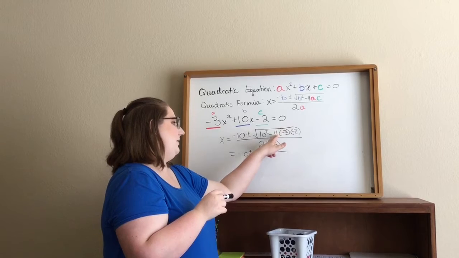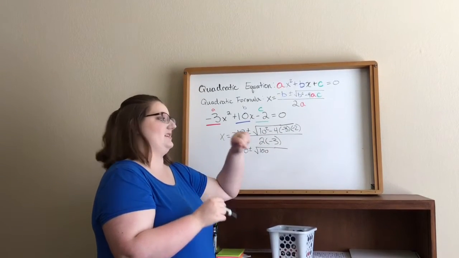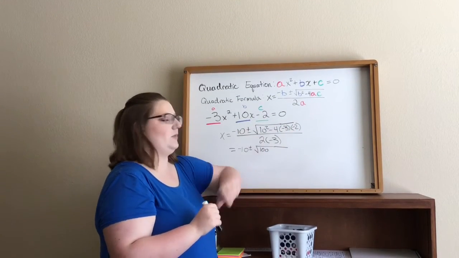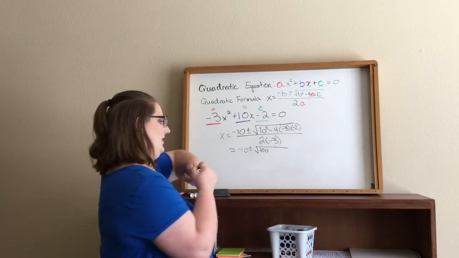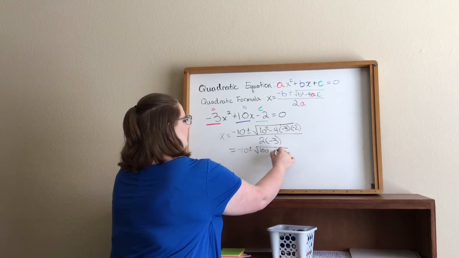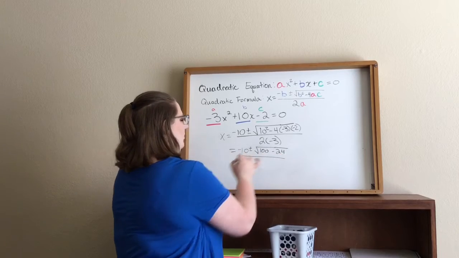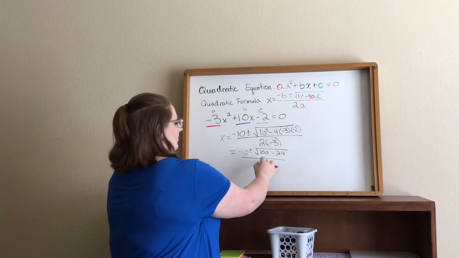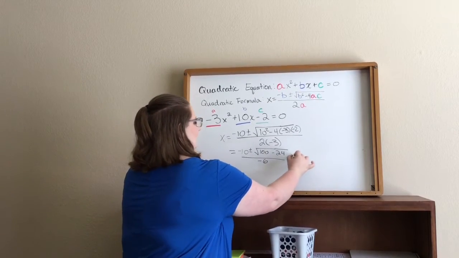So if we break this down, negative 4 times negative 3 is positive 12. Positive 12 times negative 2 is negative 24. So 100 minus 24 over 2 times negative 3, which is negative 6.